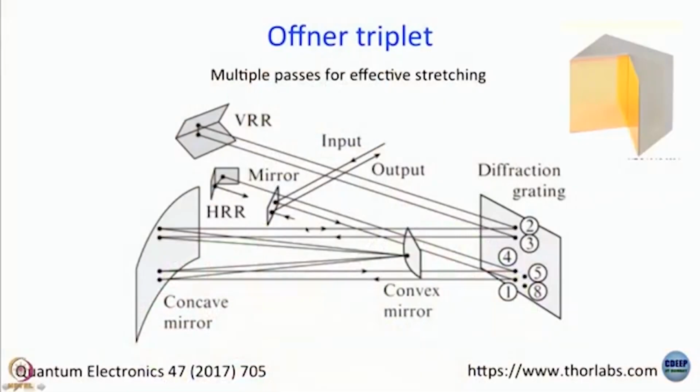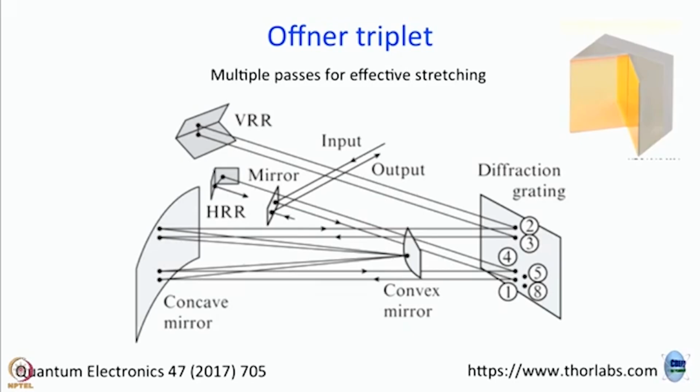So, it comes back and hits the diffraction grating here at point number 3, goes straight to the concave mirror, from the concave mirror to the convex mirror, then back to the concave mirror and back here to point number 4. From there it goes to the horizontal retroreflector, and then it goes out.